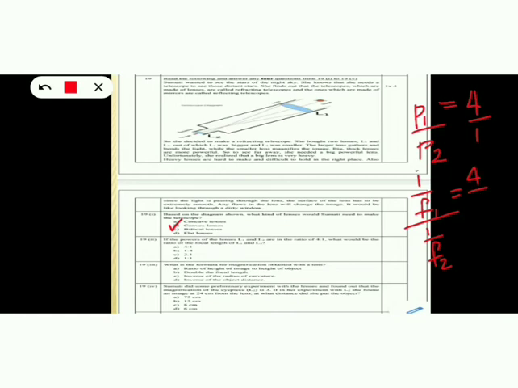that is equal to 4 by 1. Okay, now (1 by F1) divided by (1 by F2) can be written as F2 by F1. So F2 by F1 is equal to 4 by 1. Then what will be F1 by F2? F1 by F2 is equal to 1 by 4. So what is the ratio F1 is to F2?